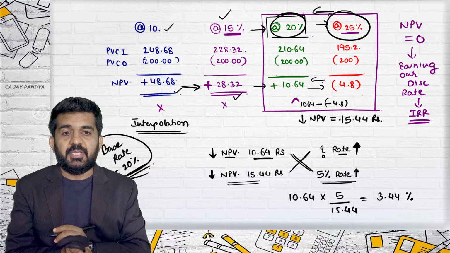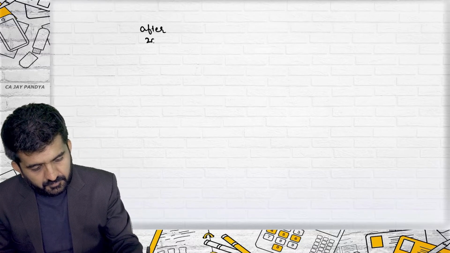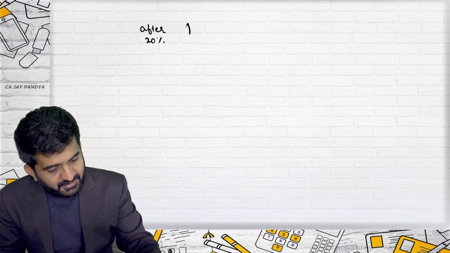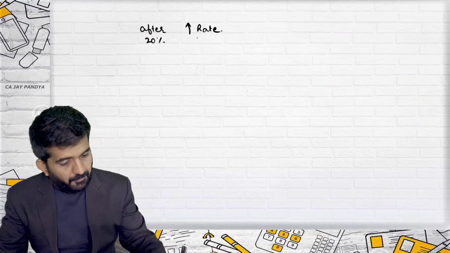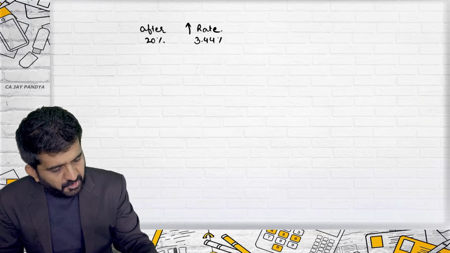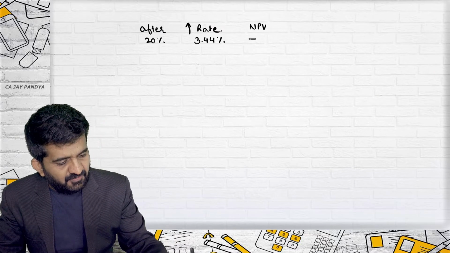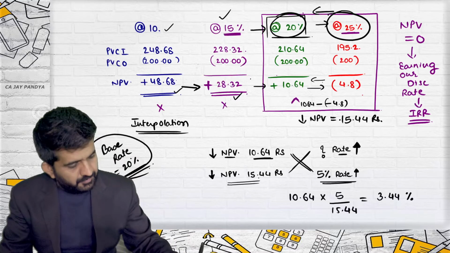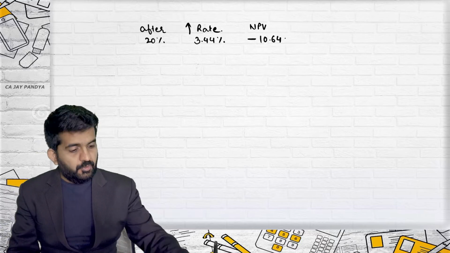See, what does this mean? After 20%, if you will increase the rate by 3.44%, your NPV will decrease by 10.64 rupees.